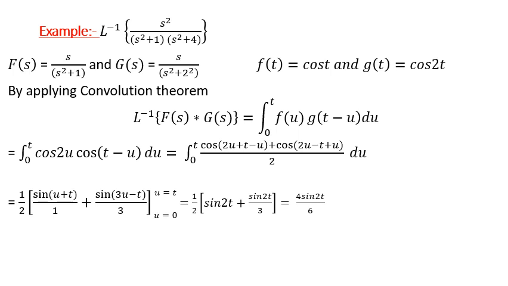Now integrate. 1 by 2 is a constant, remove that. The integral of cos is sine (u plus t) by the coefficient of u, that is 1, plus the integral of cos (3u minus t), which is sine (3u minus t) by the coefficient of u, that is 3, where u varies from 0 to t. Substitute the upper limit and the lower limit and simplify, you will get 4 sine 2t by 6.